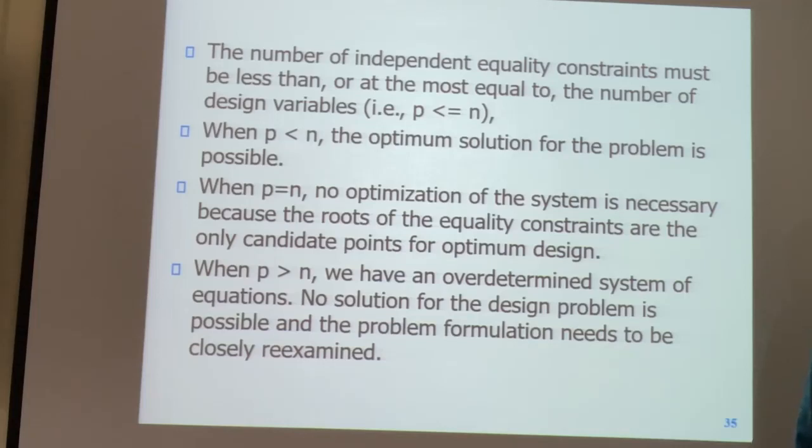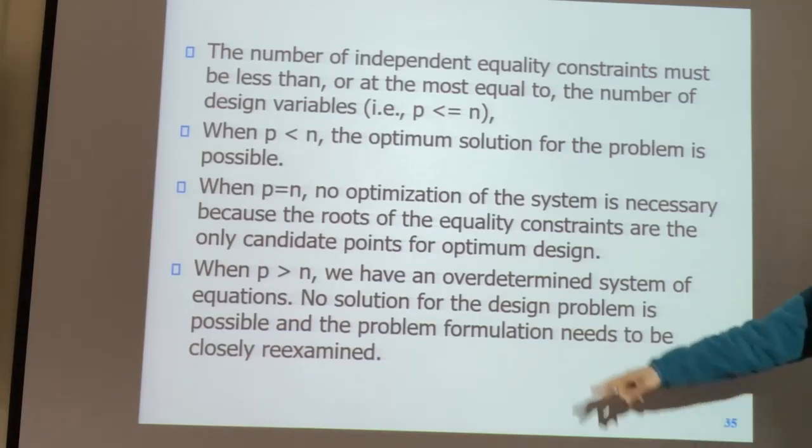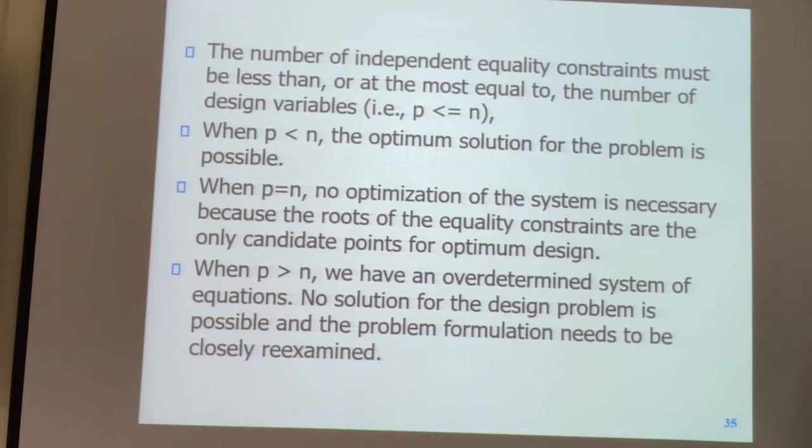Okay, this one. When p is greater than n, we have an over-determined system of equations, no solution for the design problem is possible, and the problem formulation needs to be closely examined.